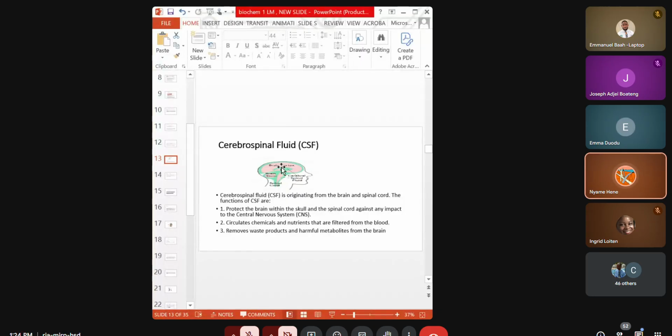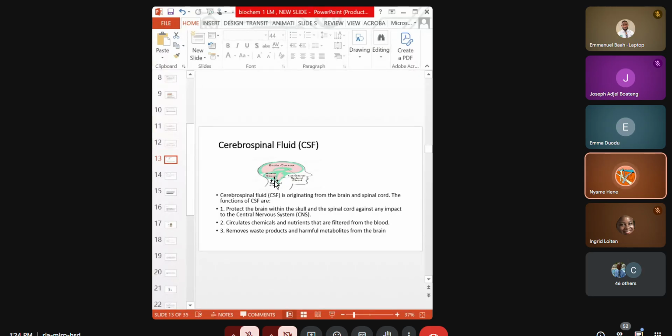The CSF is there to serve as a means by which the blood nutrients get to the brain cells. So when it gets here, the blood vessels eject their nutrients, oxygen, protein, glucose, all the chemicals, electrolytes, into the what?